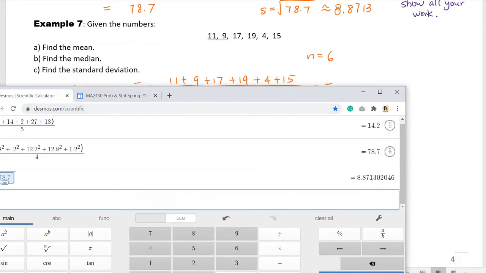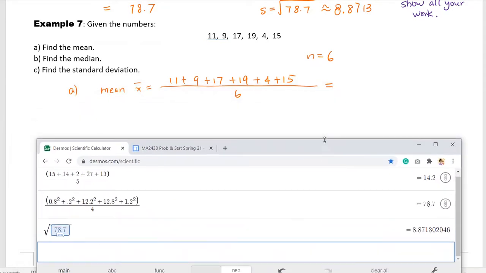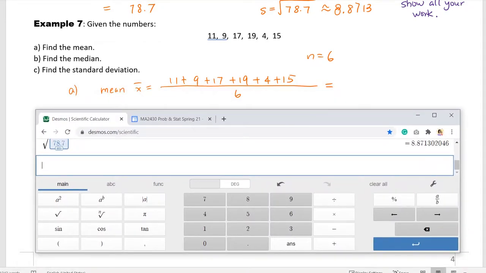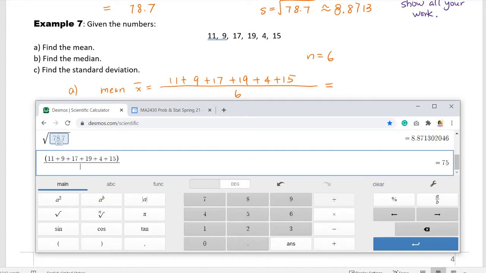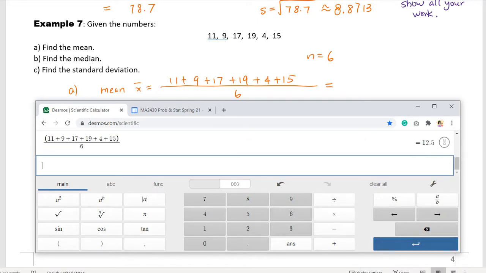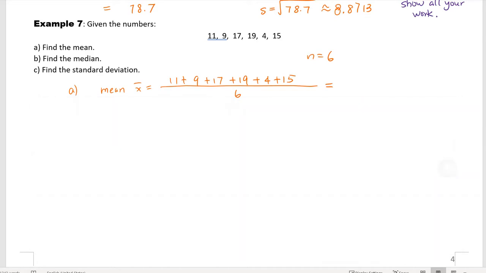So calculator here. So we have 11 plus 9 plus 17 plus 19 plus 4 plus 15, and then divided by 6. We get 12.5. So this is the sample mean.